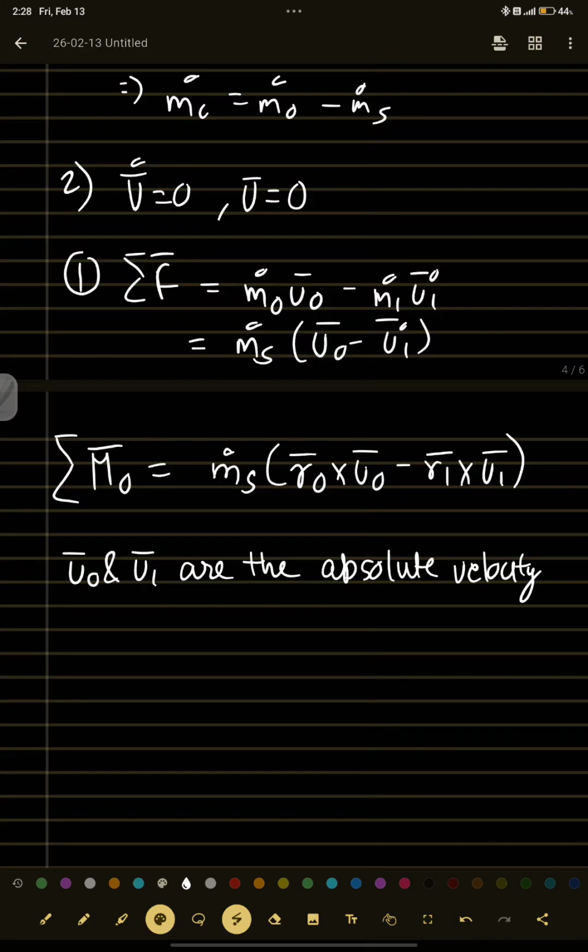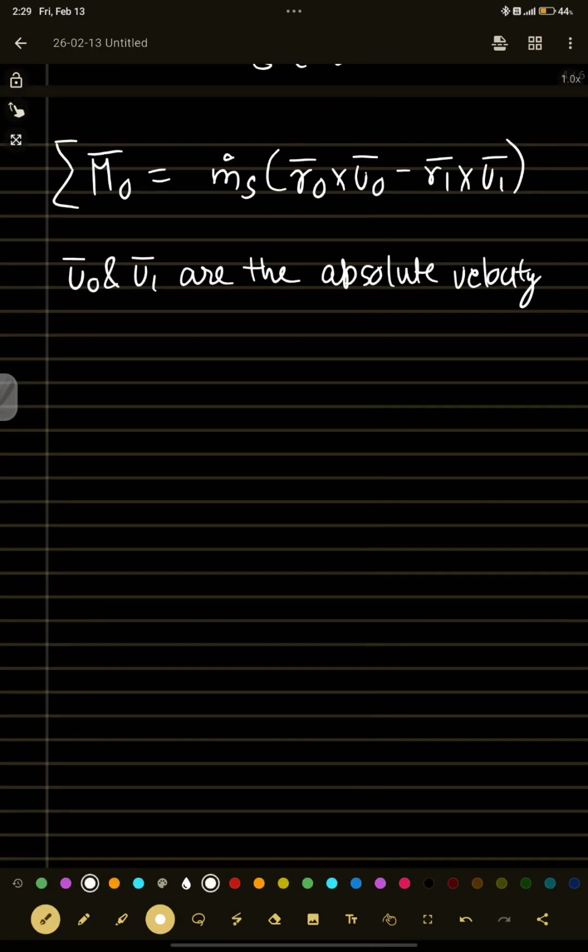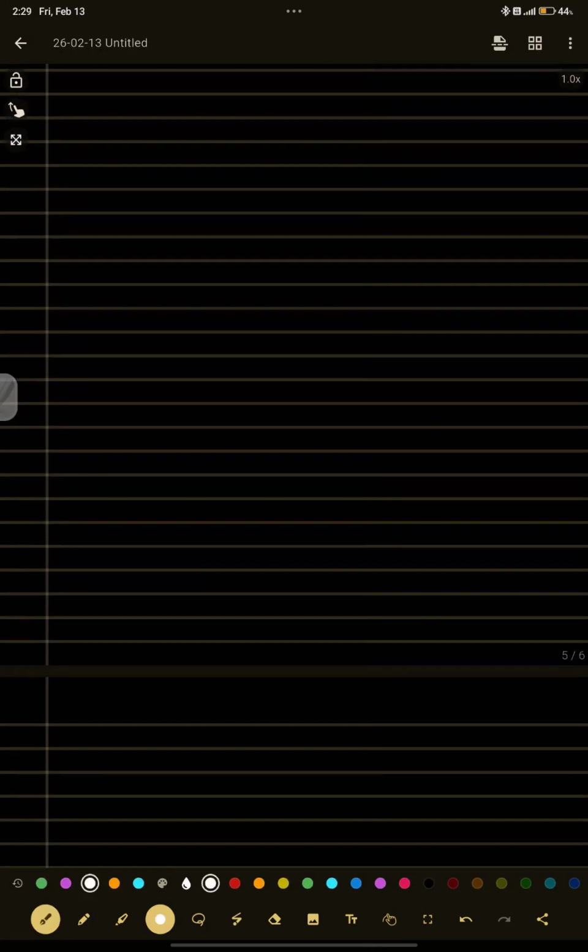Now if you want to use this equation, you have to get summation F. Now how do you think about summation F for this fire hydrant? So let us draw the outline or only the boundary of the hydrant.